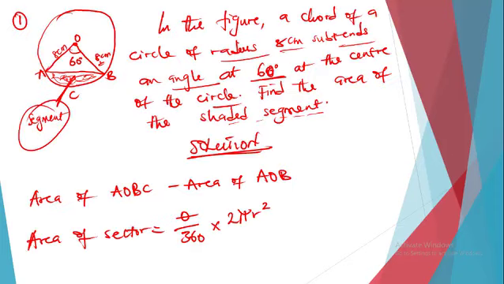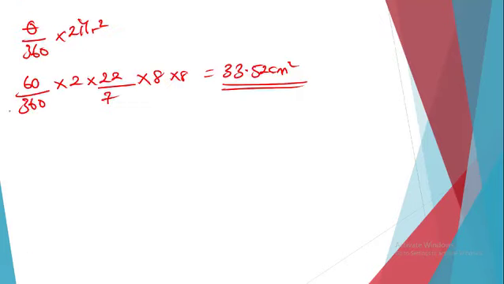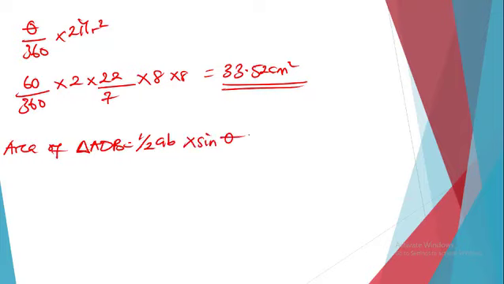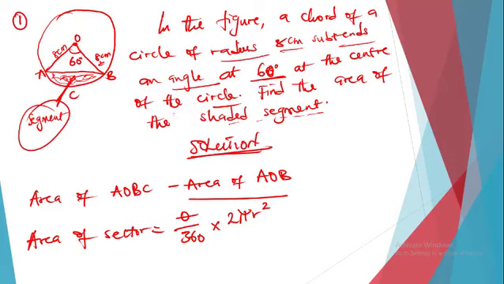Then we solve for the area of the triangle AOB. Area of triangle AOB is equal to half ab sine theta, where small letter a is the line facing this A, which is 8 cm.